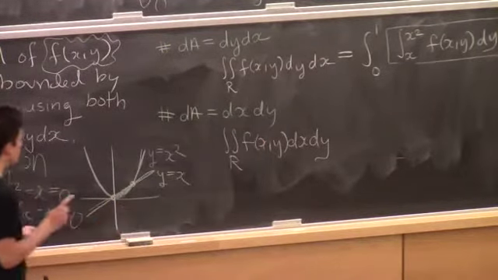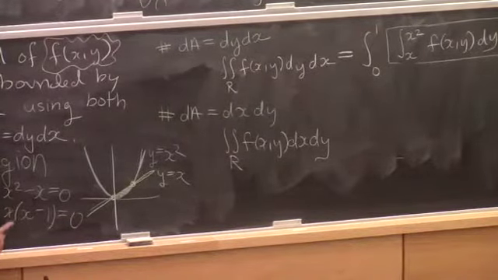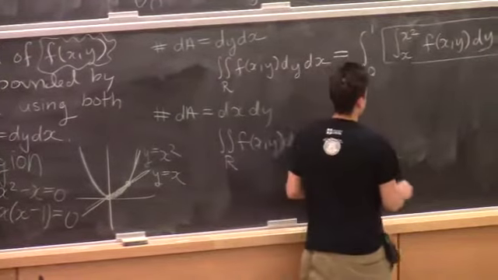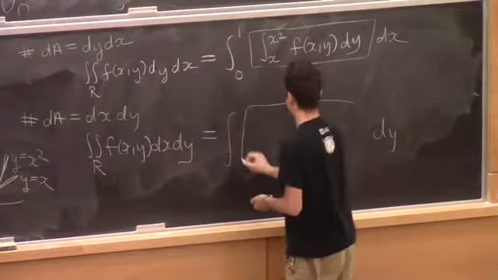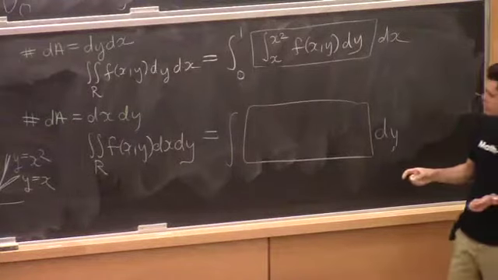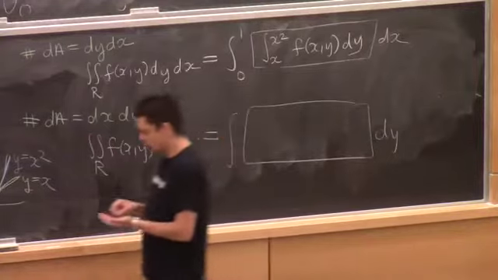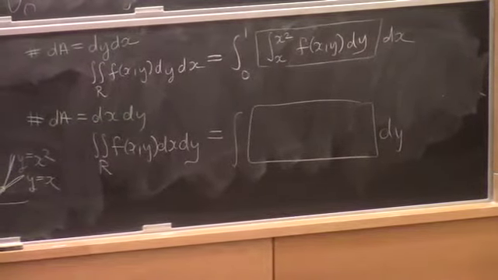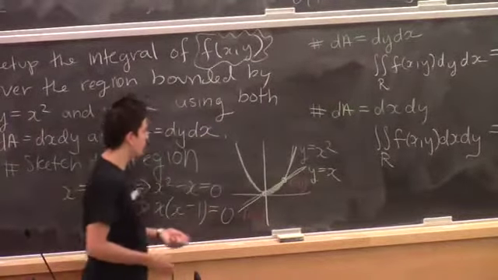Okay, and now we actually have to be fairly clever here. There's a bit of a move that we have to do. Okay, so the first thing is to figure out where does y run. So this point of intersection is at 0, 0. And this point of intersection is at 1, 1.